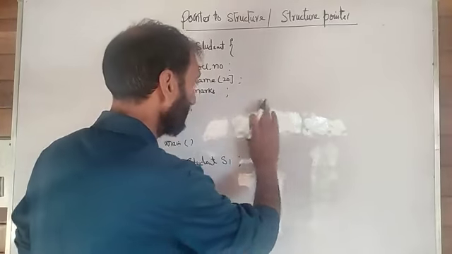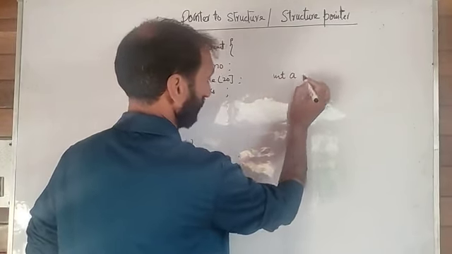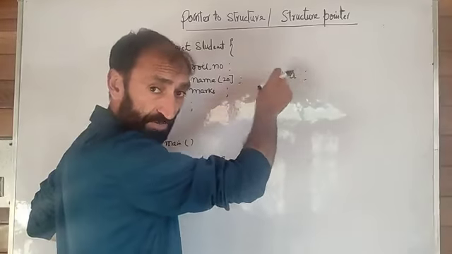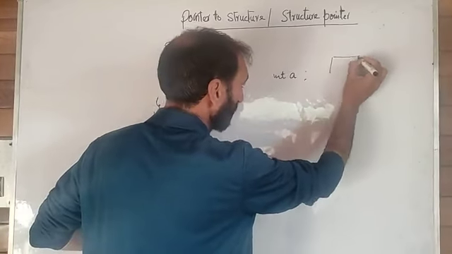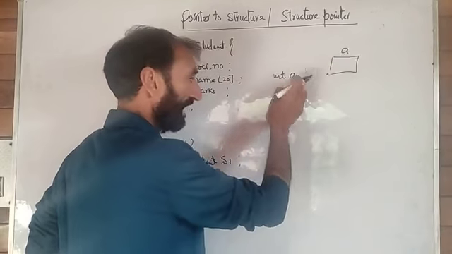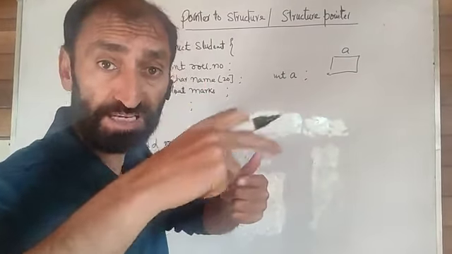For example, if here I declare int A, this declaration tells the compiler that A is the name of the memory location, which can hold an integer value.